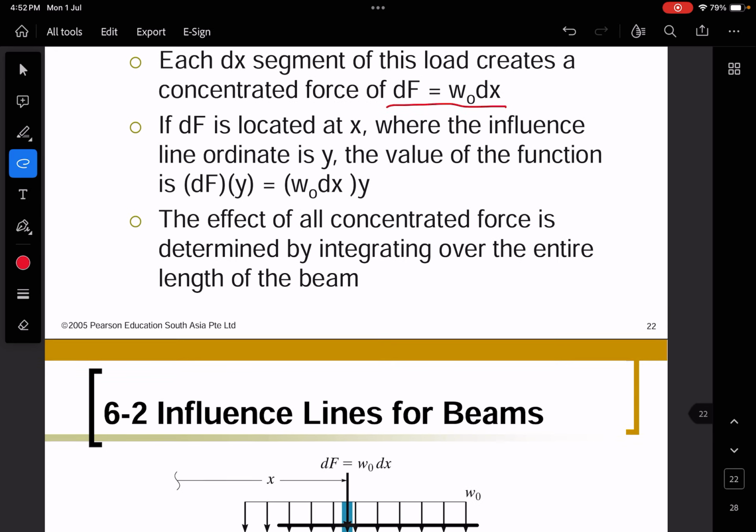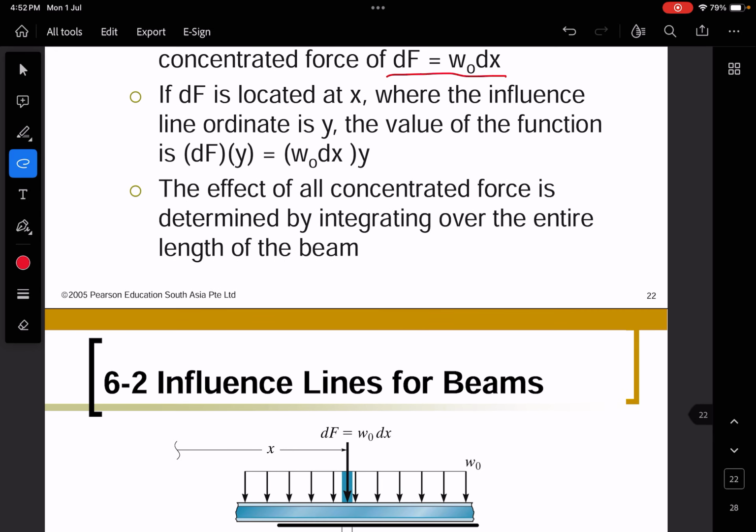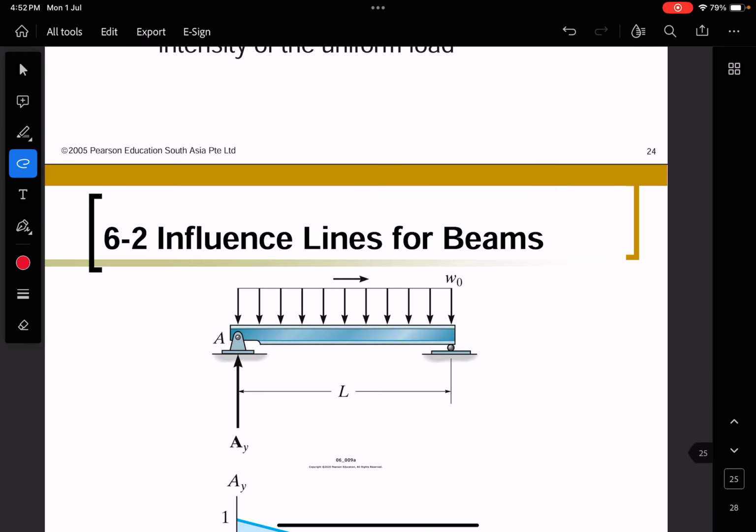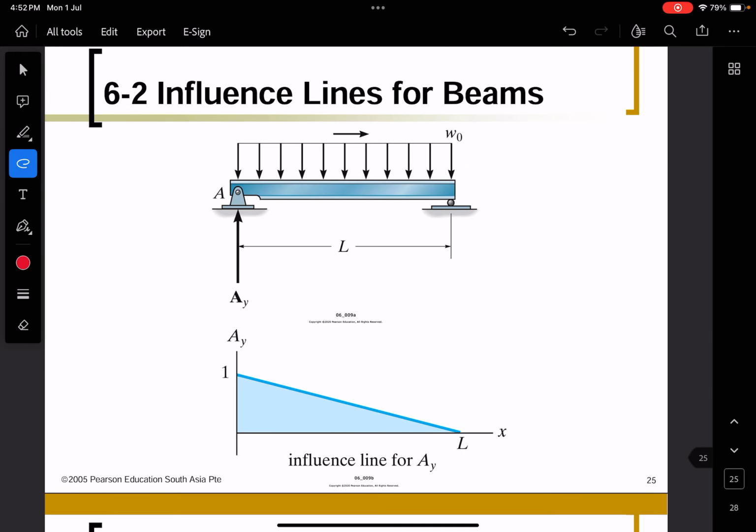So the effect of this concentrated force is determined by integrating over the entire length of the beam. So for example here, you have a uniformly distributed load, and then you want to calculate the influence line for AY.